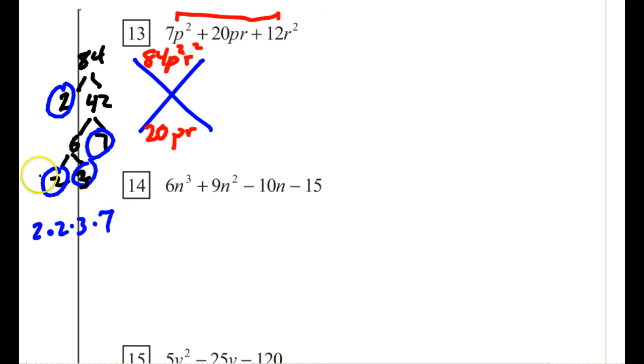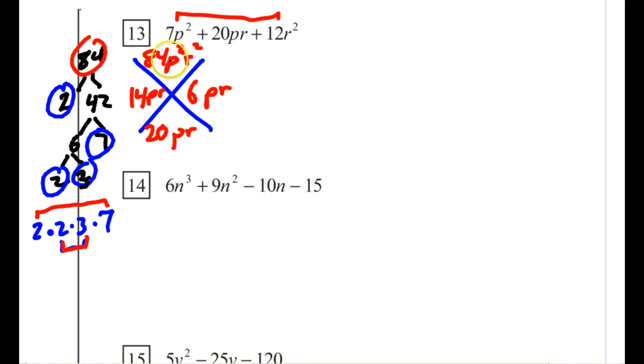After a little bit of trial and error, you'll find out that you have a 6 here, 2 times 3 is 6, and 7 times 2 is 14. So 14 times 6 does equal 84, and it adds up to 20. So we have 14pr and 6pr.